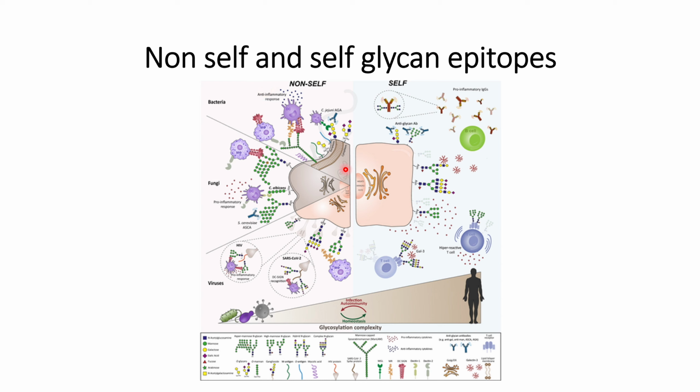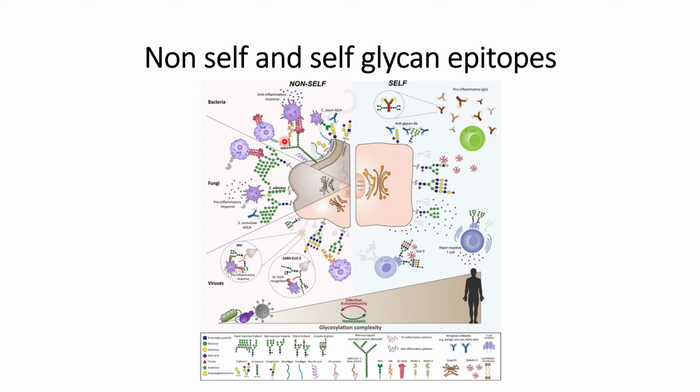This kind of non-self glycan epitope, the high mannose structure, is usually found in bacterial microorganisms. Fungal microorganisms also have high mannose structures, but they are distributed into more branches, as we can see here.